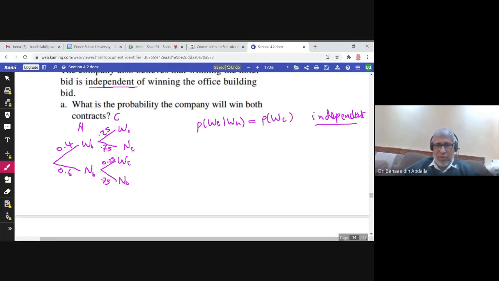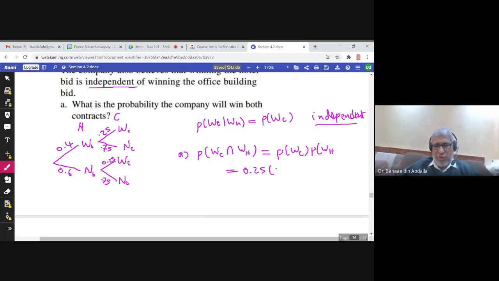Part A says, what is the probability that the company will win both contracts? So the probability of winning the commercial office and winning the hotel. How do we find the probability of the intersection? If they are independent, you just multiply winning C times winning H. The probability of winning C is 0.25.